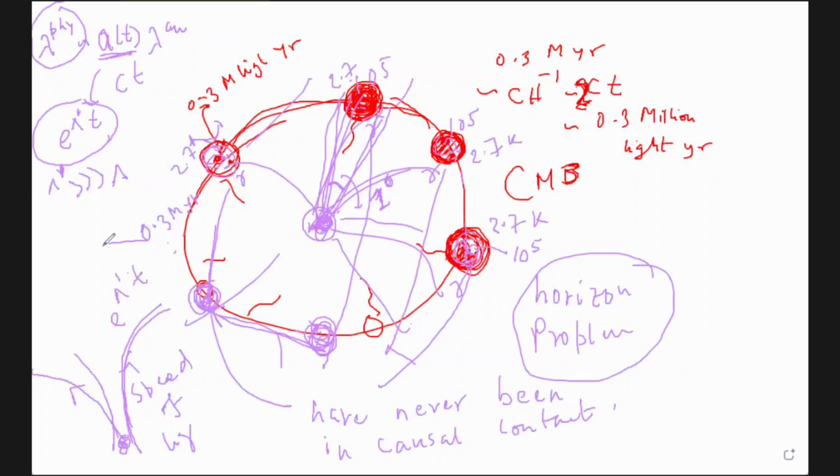But if you want to go even beyond this CMB, then you need what I told you one day, the gravity wave search, which comes from the time t equals 0, the singularity. Then only you can see the edge of the universe. Because before this CMB, there was no light.